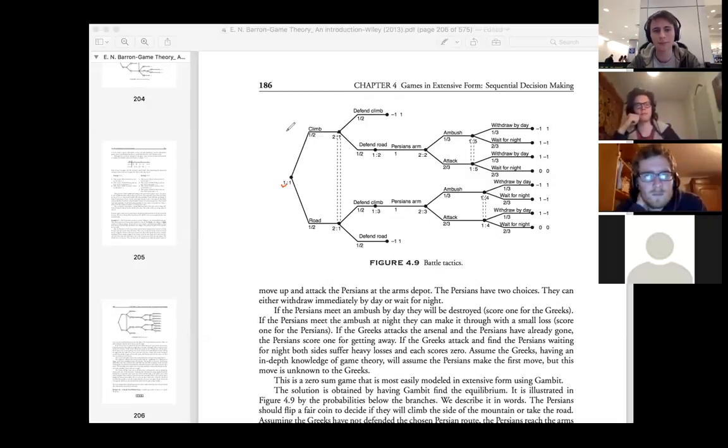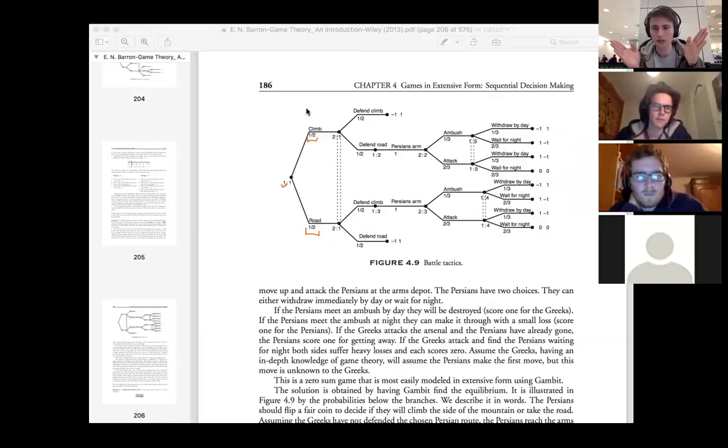They have a 50% chance to either climb or use the road. These are two different paths they can choose. Their optimal strategy will be to do it with 50% probability. Yeah, that's what I meant to say. Okay, so those are the two choices, right?